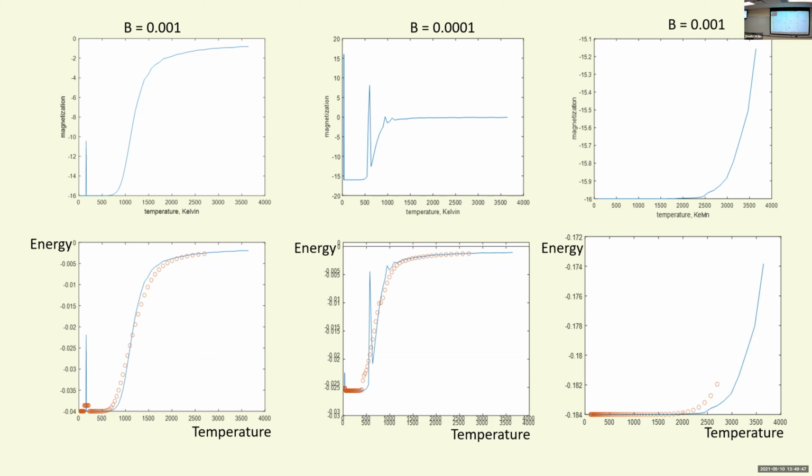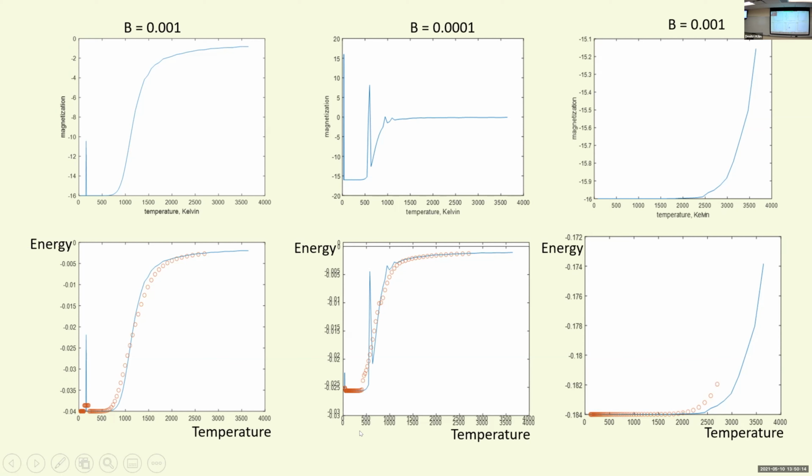on the graph that you're currently showing, and in your table in your project, you show that there is a spike. Can you explain the spike in magnetizations at approximately 500 Kelvin, or B equal to 1,000?